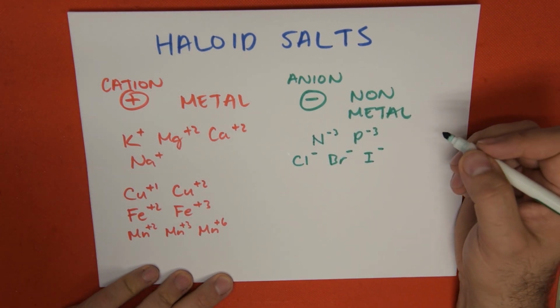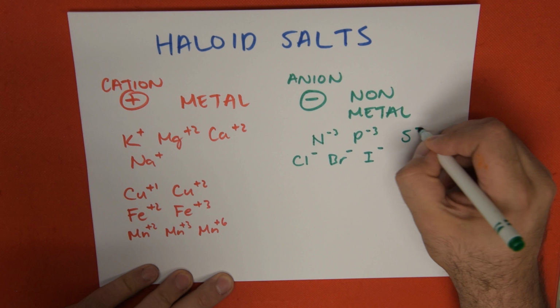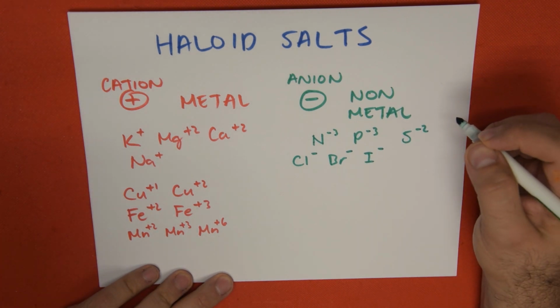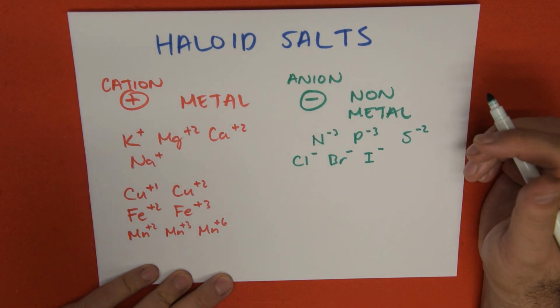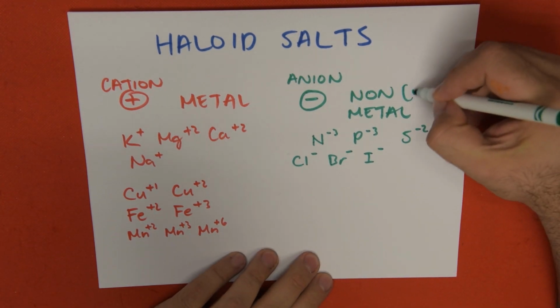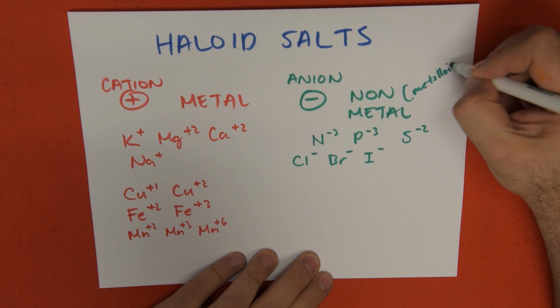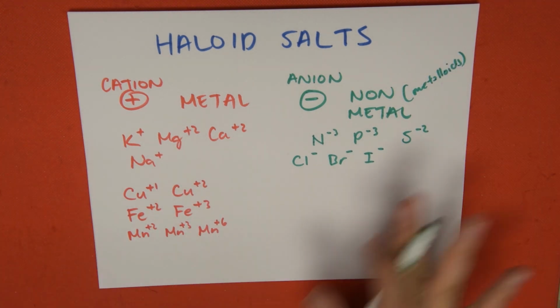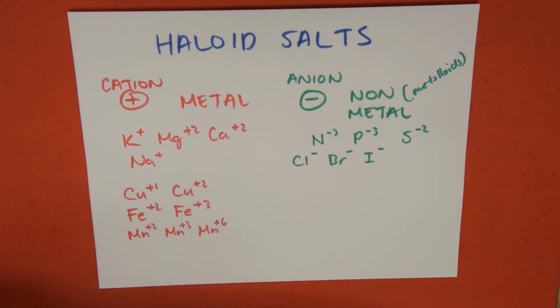These are common ones that we use. We also have sulfur, which is -2, and selenium, tellurium, arsenic, which are also metalloids, because you can also use metalloids to create haloid salts. But basically, any mix that we do with these two is going to give us a haloid salt, right?